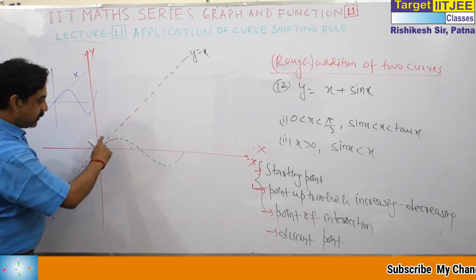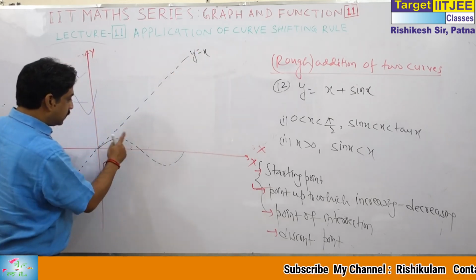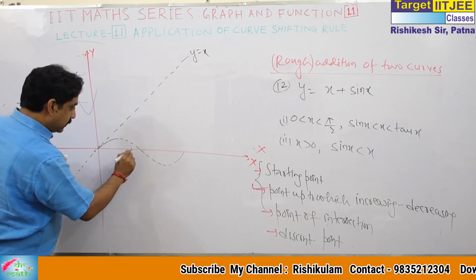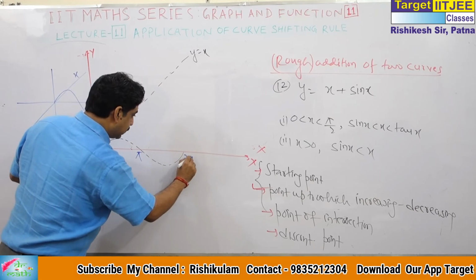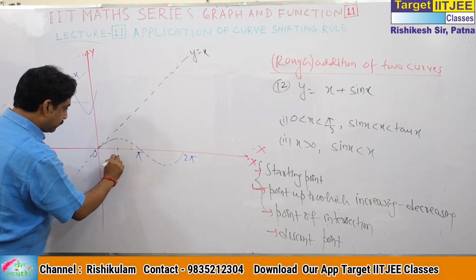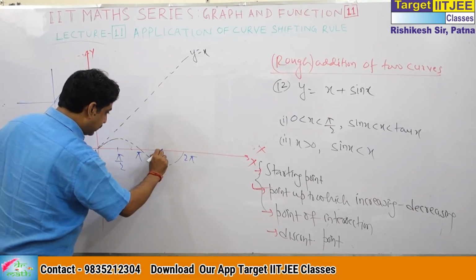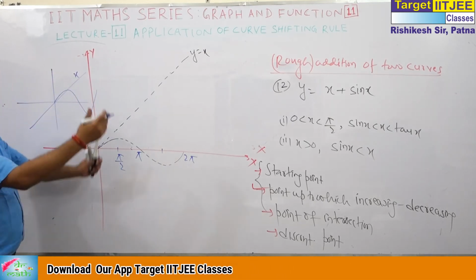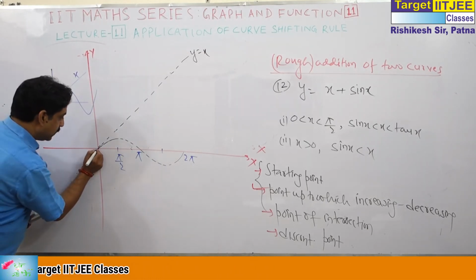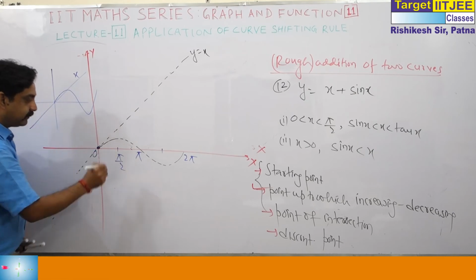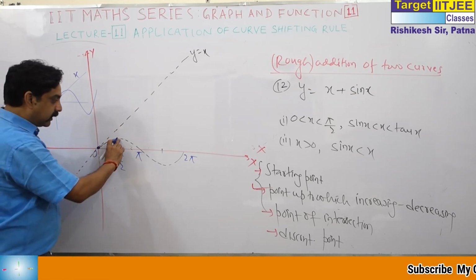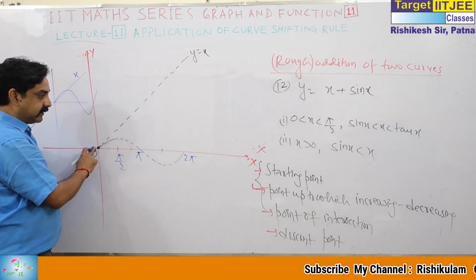Now see the nature. This is continuously increasing, and this is increasing and decreasing. This point is pi, this point is 2 pi, this is 0, this is pi by 2 and this is 3 pi by 2. Now add them. Start with this, so this is 0. Now this increases up to this. There is no point of intersection other than this.